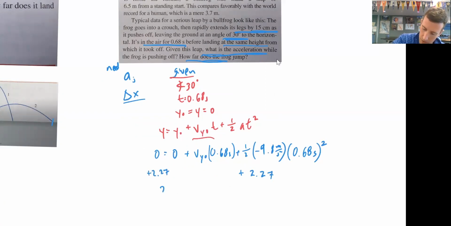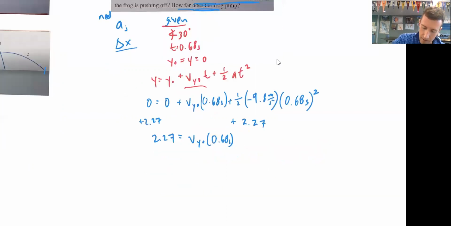So 2.27 equals v sub y0 times 0.68 seconds, leaving me v sub y0 equals, divided by 0.68, 3.33 meters per second. So that's my vertical velocity.